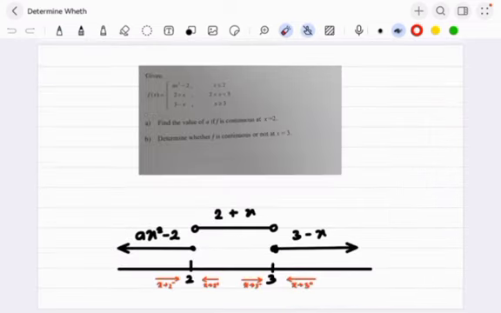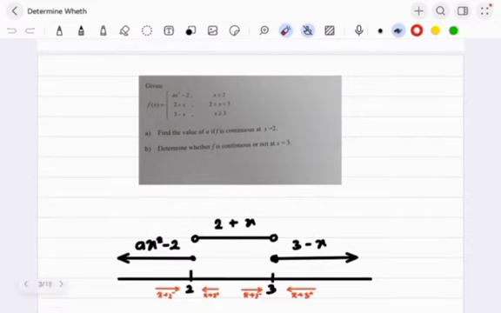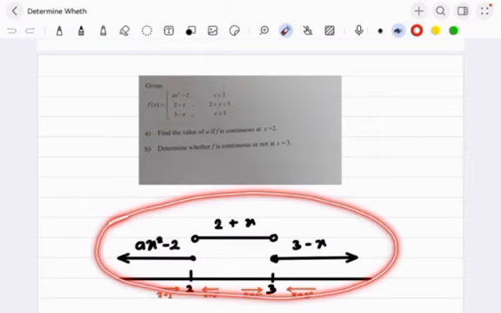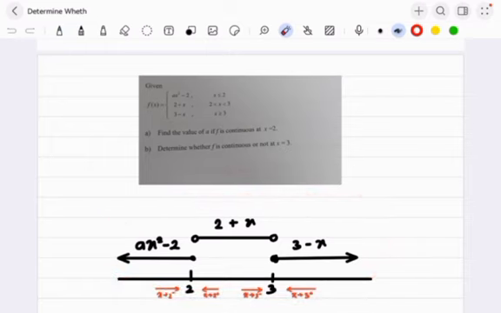Now let's look at the second example. If you're given this type of question, you have to make a number line. So let's look at the first question. A, find the value of a if f is continuous at x equals 2.